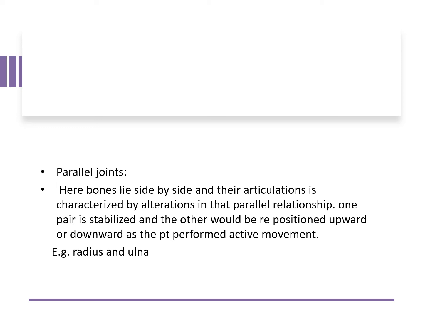Coming to parallel joints, such as the joint formed between the radius and ulna, the superior and distal, proximal and distal radioulnar joint. Here the bones lie side by side and their articulation is characterized by alteration in that parallel relationship. One bone is stabilized and the other is repositioned upward or downward as the patient performs active movement.